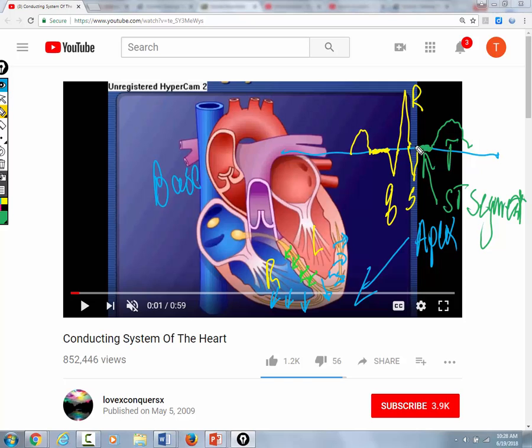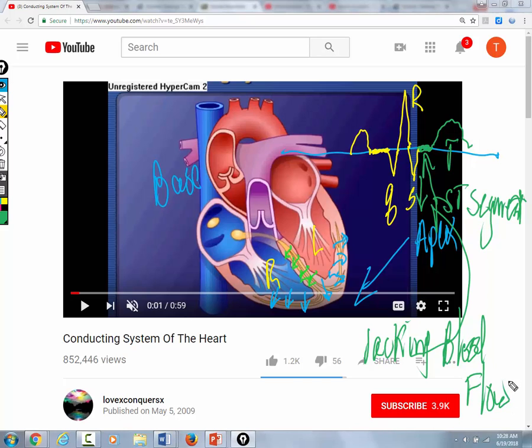The ST segment is very sensitive to changes in blood flow, oxygen flow to the heart muscle. And if that starts dropping below the baseline, that means the heart muscle is lacking blood flow. Listen up, because you're going to need to know this at some point in your life.